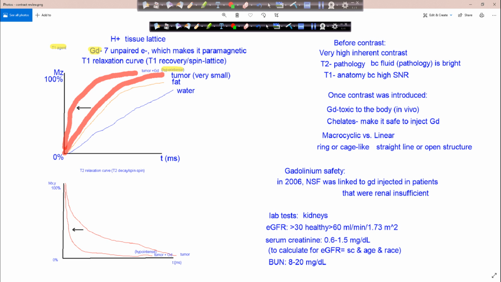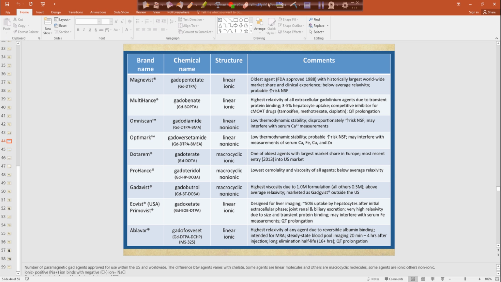So Multihance has the highest relaxivity amongst the gadolinium-based contrast agents. So when you inject it, a lesion will appear brighter than if you inject it with Omniscan with the same amount of dose.